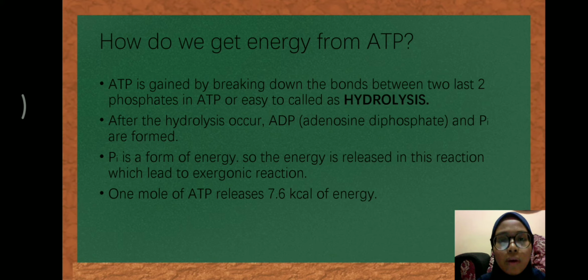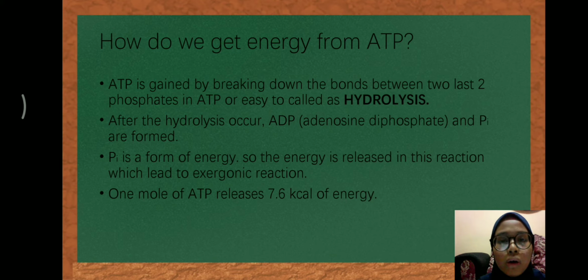Phosphate bonds hold energy, so the energy is released in this reaction, which leads to an exergonic reaction. Exergonic means release of energy, and the antonym is endergonic, which means absorption of energy.